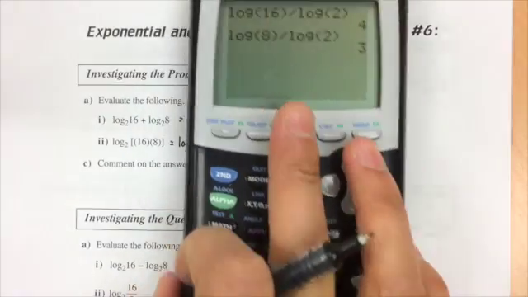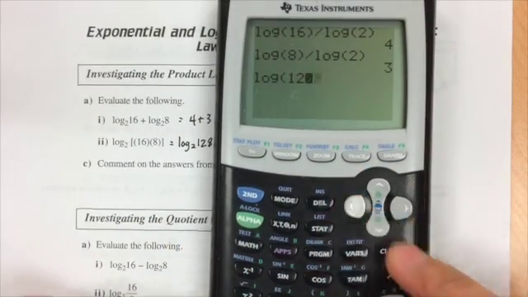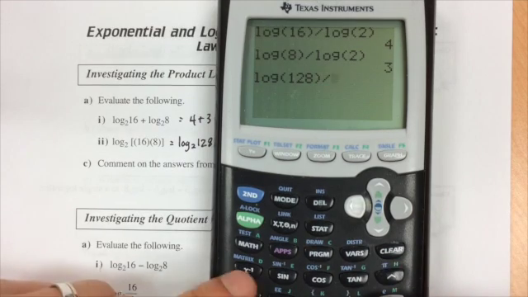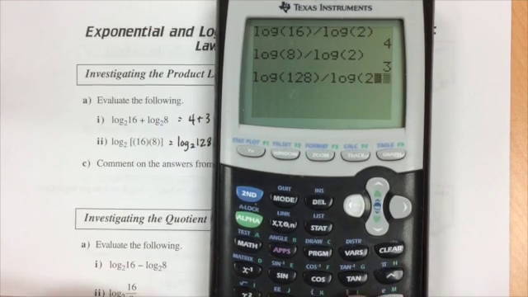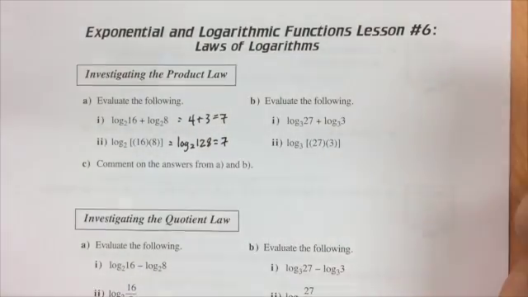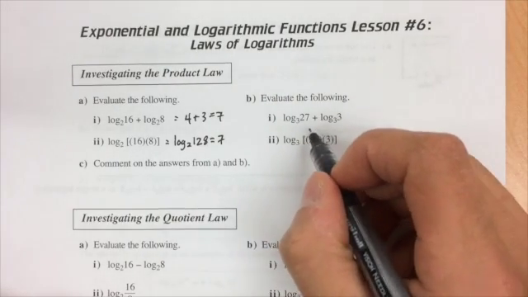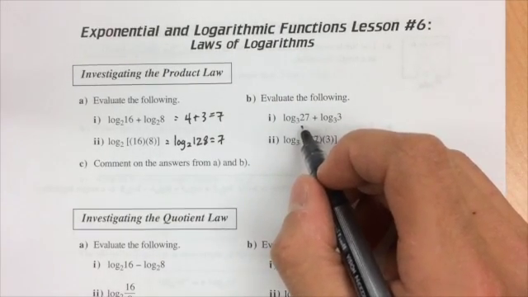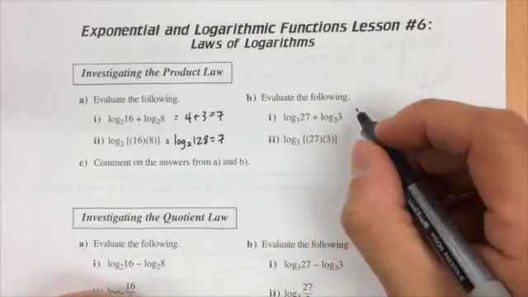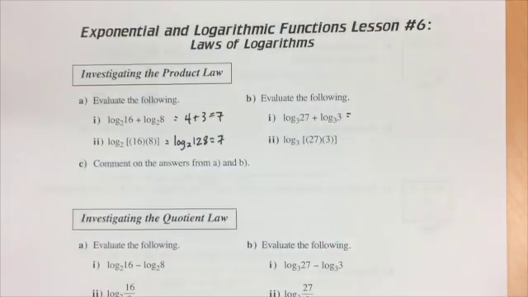Now if I do the same thing in my calculator, log 128 divided by log 2, I'm going to get the exact same answer, that answer of 7. All right, so let's look at the next one, log 3 of 27 plus log 3 of 3. Well, I'm going to use a shortcut and just type it in here again.